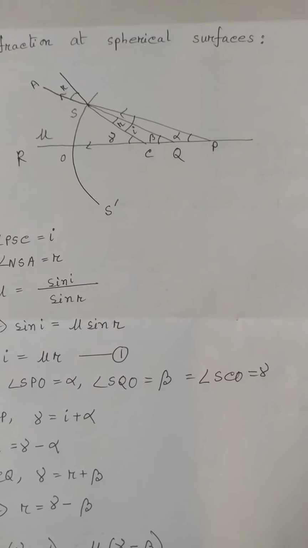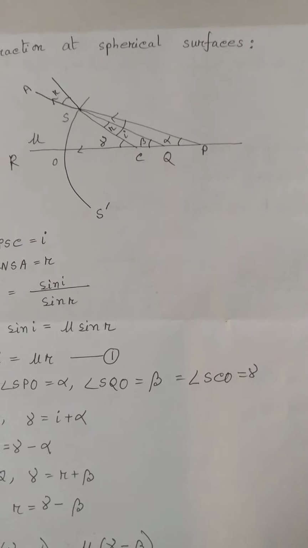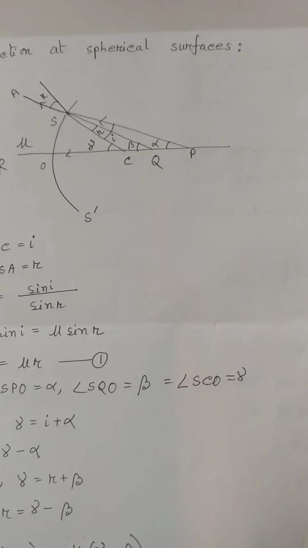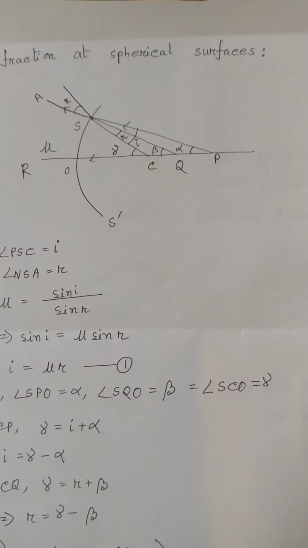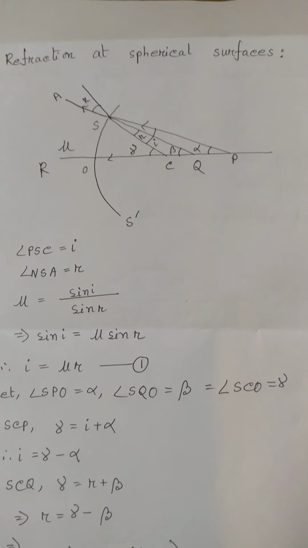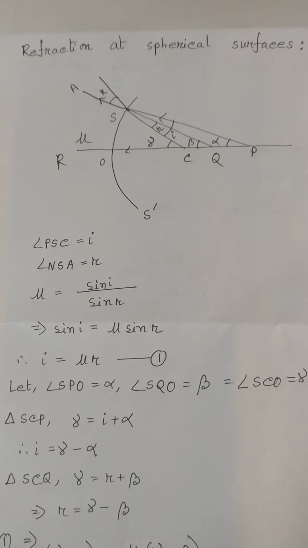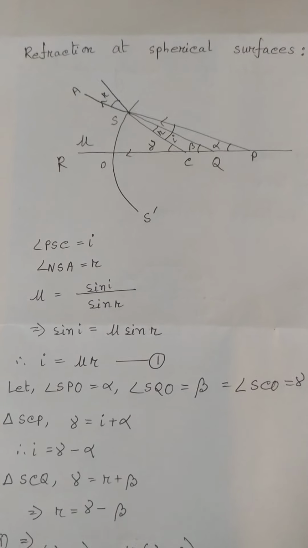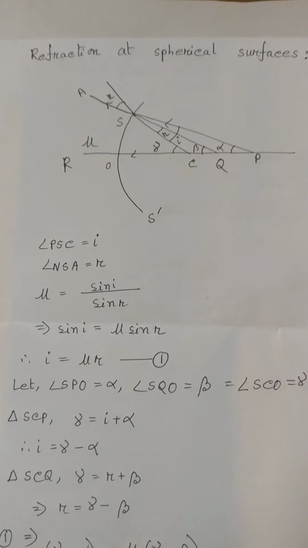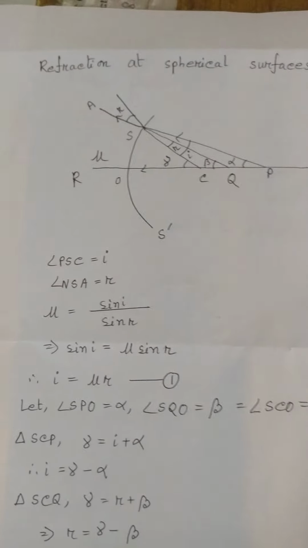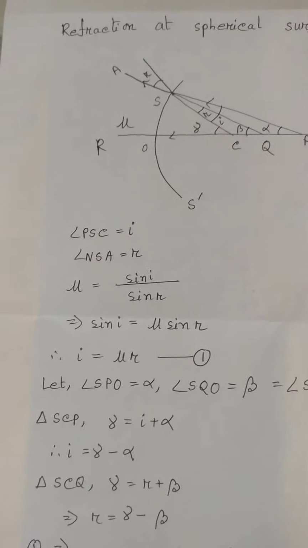If the rays are extended backwards, it seems that they are diverging from the point Q. Thus, Q is the virtual image of the point P.